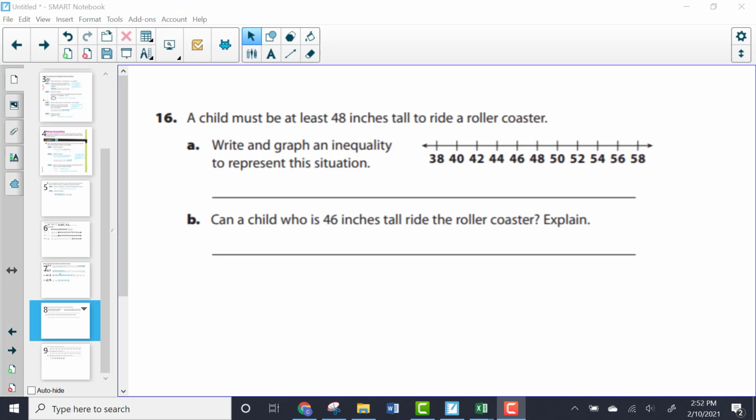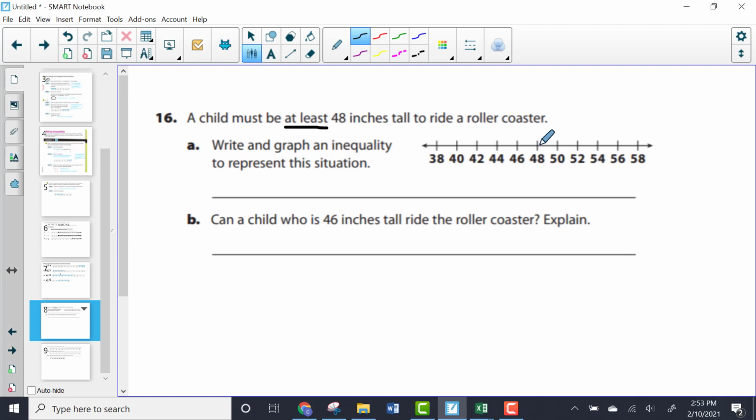So now we're going to take a look at some real world problems to model, to write inequalities about. It says a child must be at least 48 inches to ride a roller coaster. Graph an inequality to represent the situation. So the key word here is at least. That means you can be 48 inches or taller to ride the roller coaster.